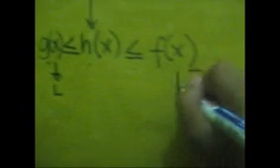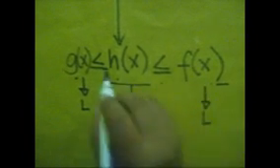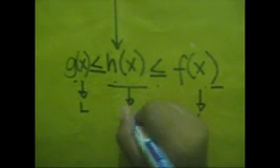If the limit of this function is L and the limit of this function is also L, then we can conclude that the limit of h of x is also L, because it is in between both functions.